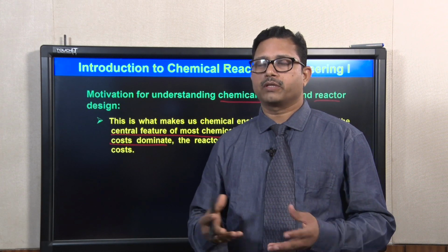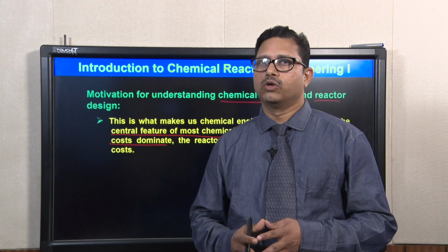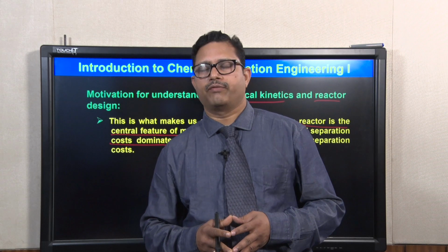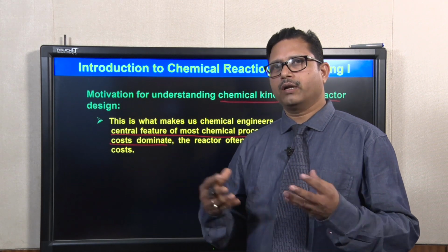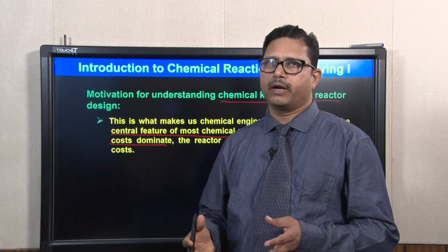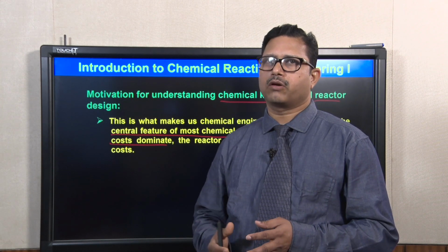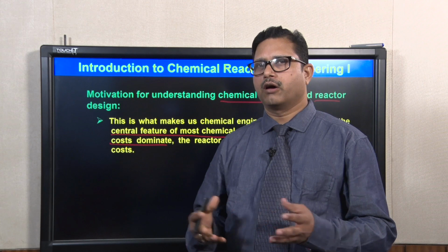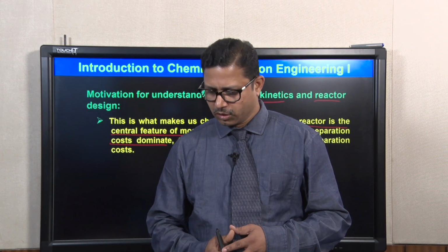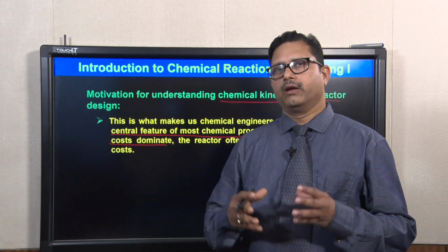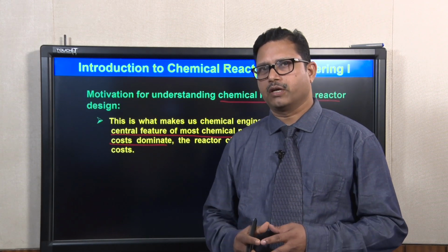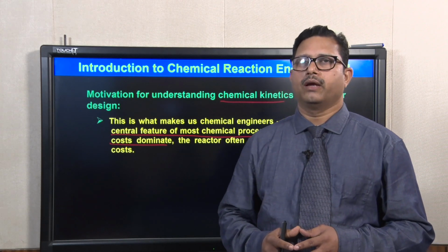So, the separation cost in that case would be minimal. But if the reactor is not efficient enough, the product has to be separated, and that separation cost might be much higher compared to the overall reactor cost. So, inevitably, chemical reactors are the central feature of any chemical industry.